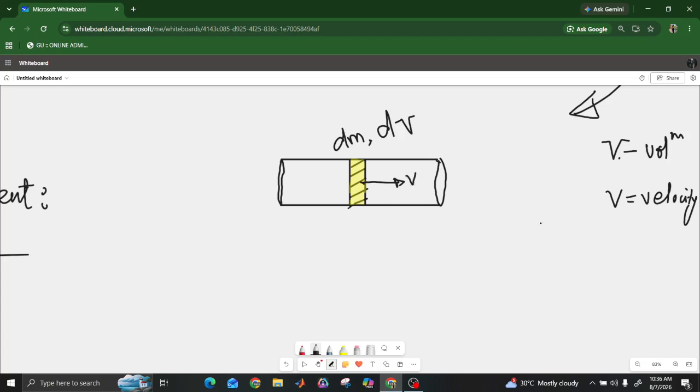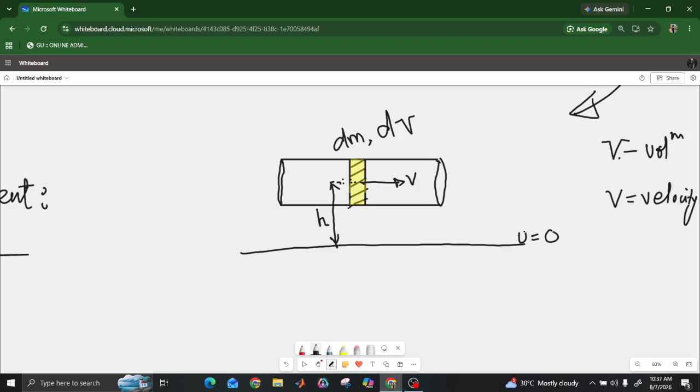Suppose we consider a baseline here, and suppose this is the center of mass of this fluid element. So this height we are considering as h. Here the potential energy will be zero.